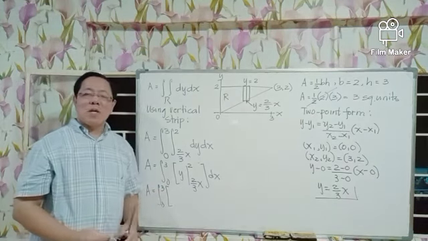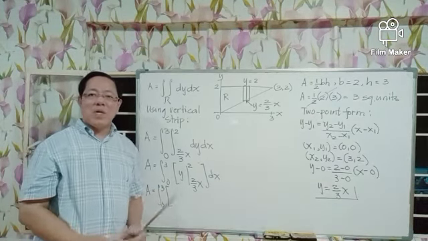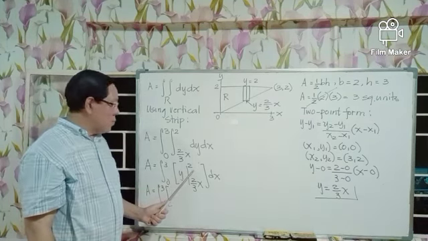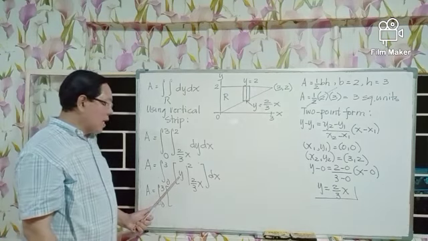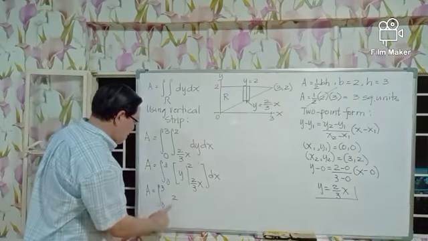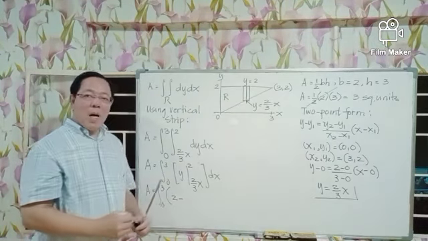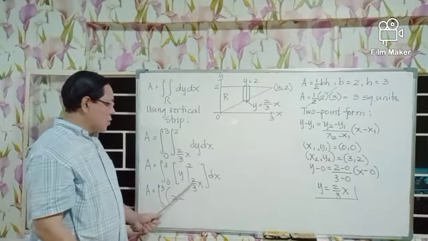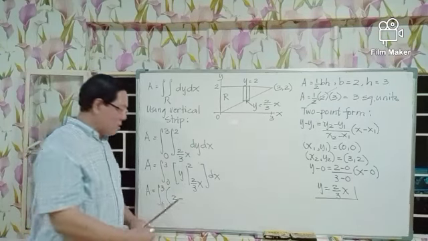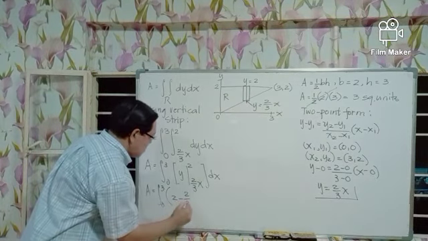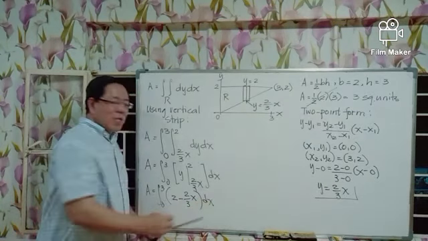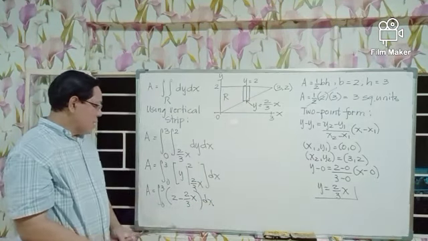And to evaluate, we start from the upper limit. We start with y is 2. When y is 2, replace y with 2, you get 2. Minus, when y is 2/3 x, simply replace y with 2/3 x. Now we integrate with respect to x.